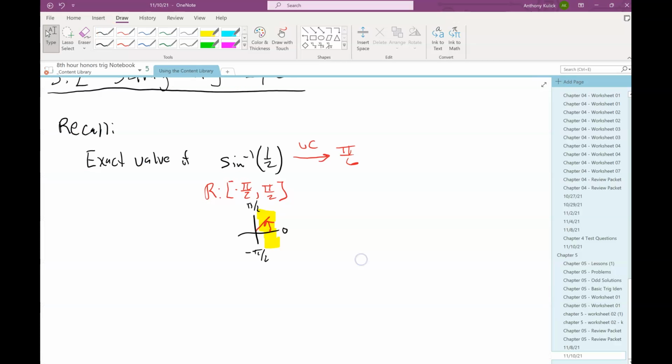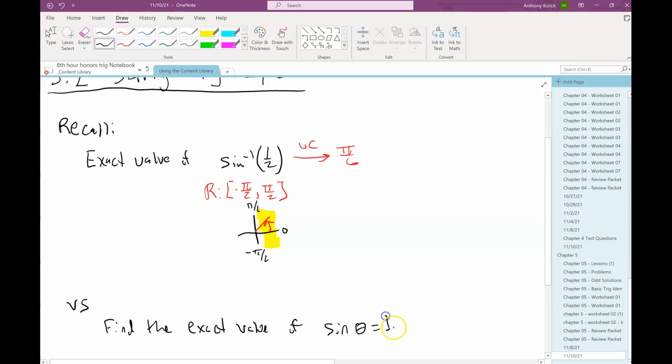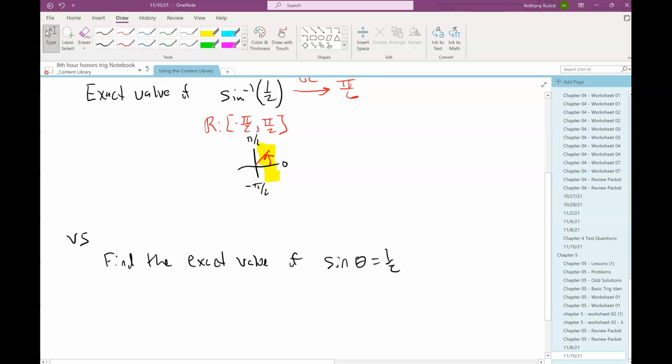Let's contrast this with finding the exact value of sine theta equals 1/2.